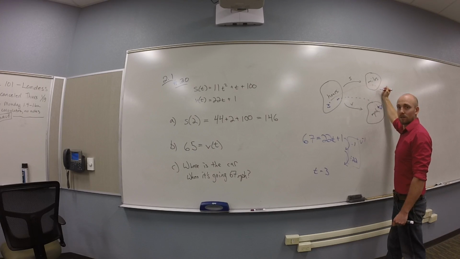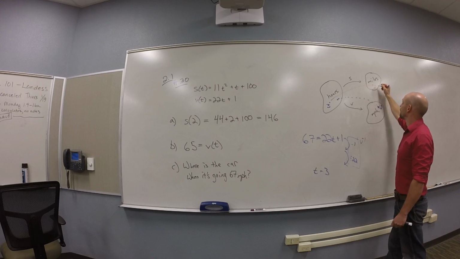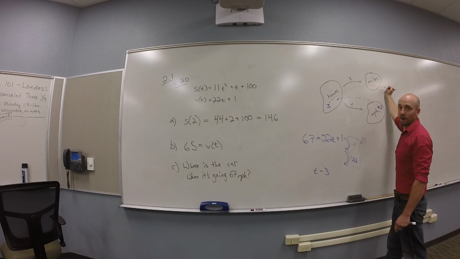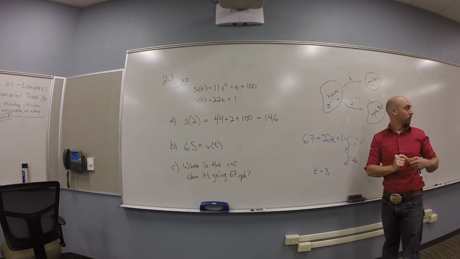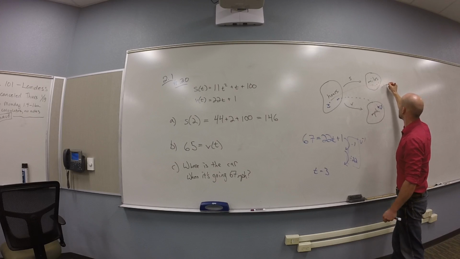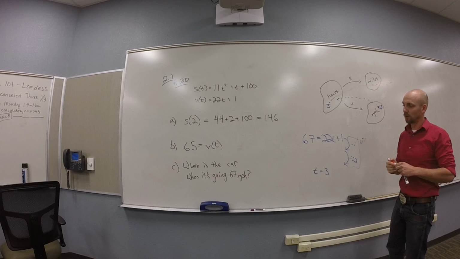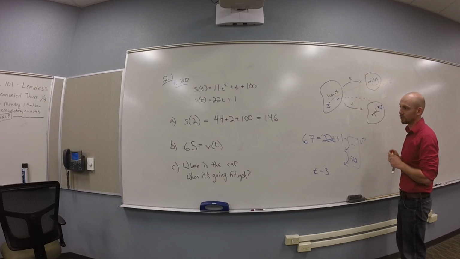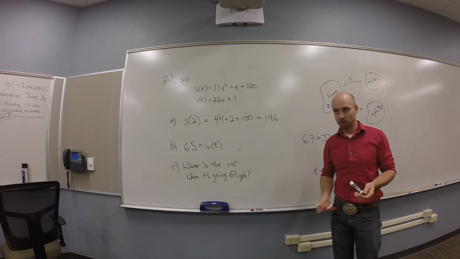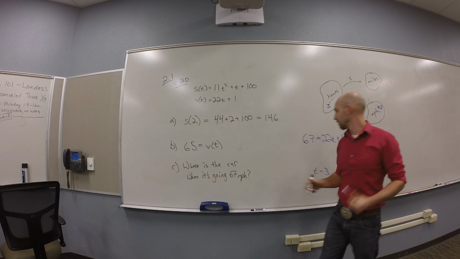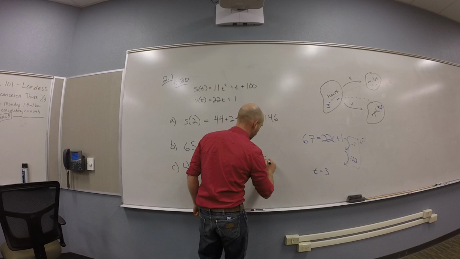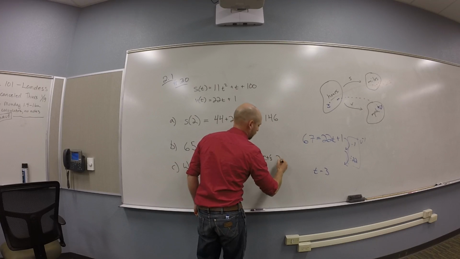That's the where, so that's going to be S of 3, and there's some number associated to this. It's 202. Cool. So my answer to part C is what? 202 miles from the starting point.